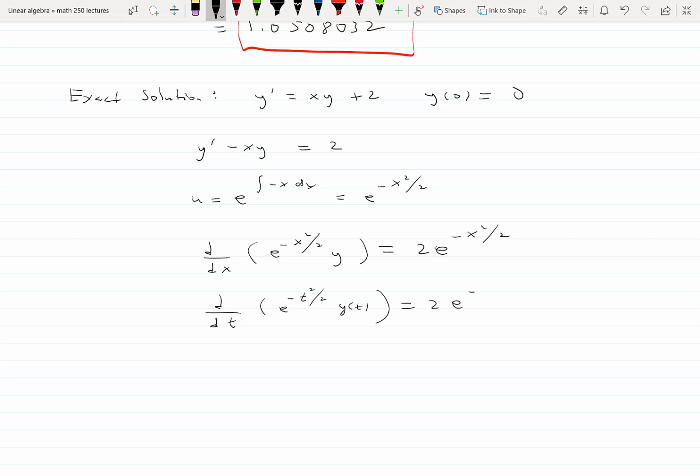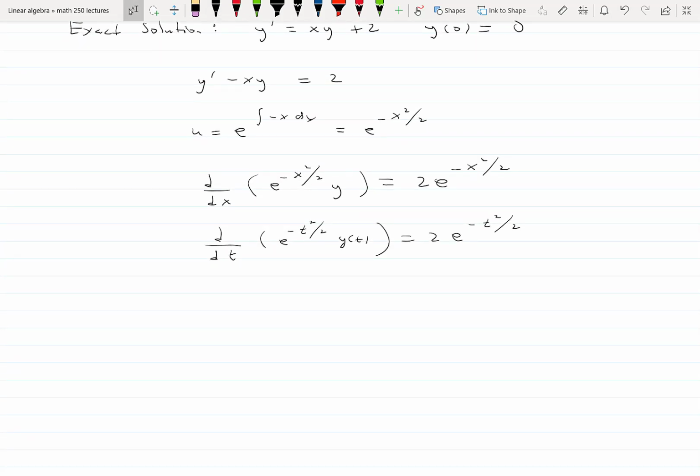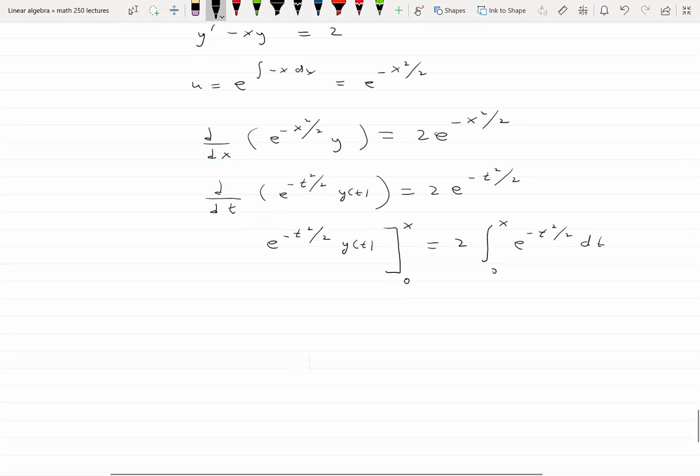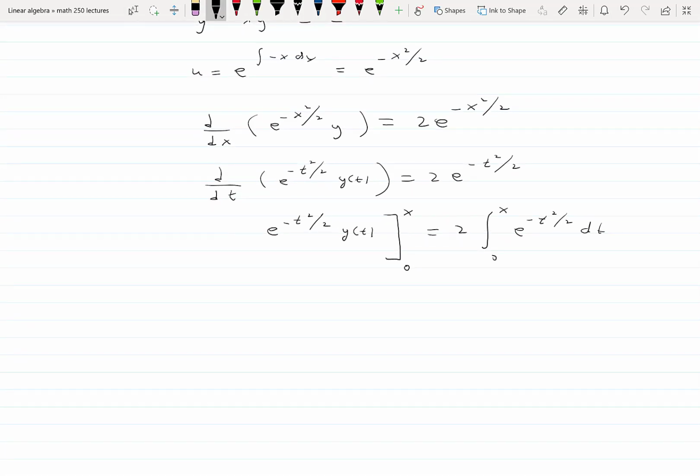Rewrite this last form with t, then integrate both sides with respect to t, as a definite integral from 0 to x. We sort of build a solution, the best we can do.